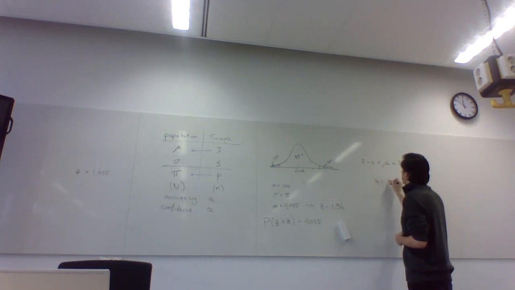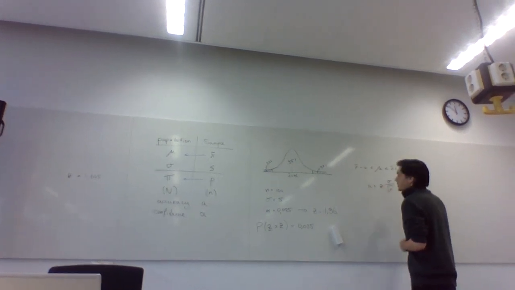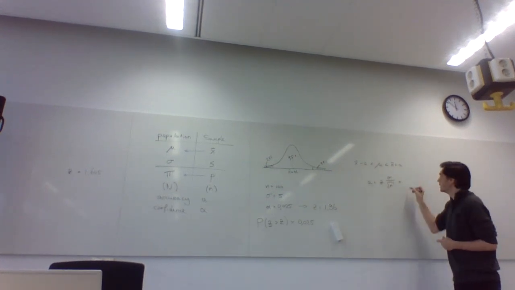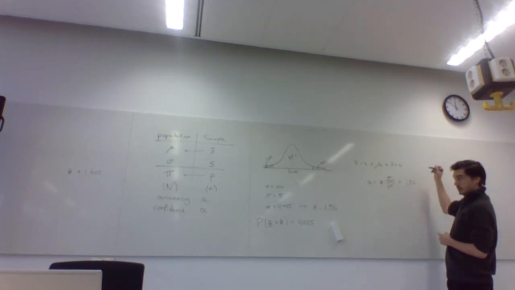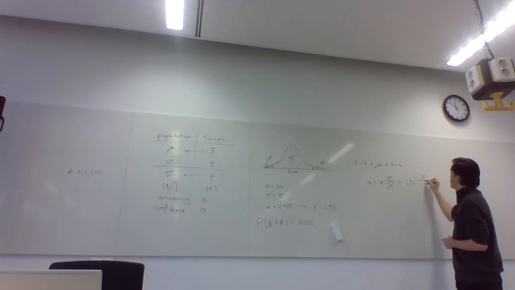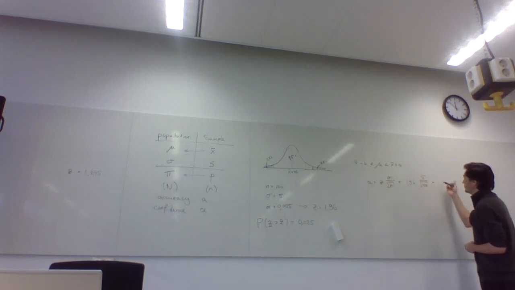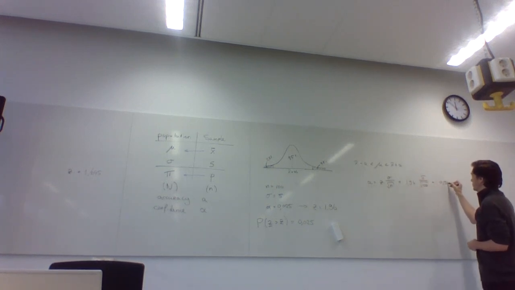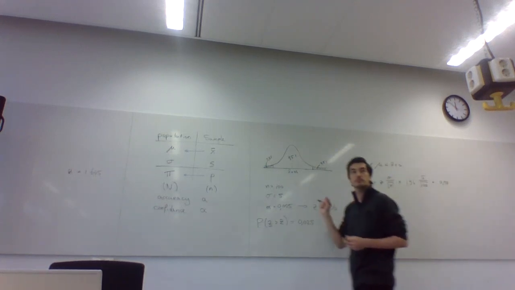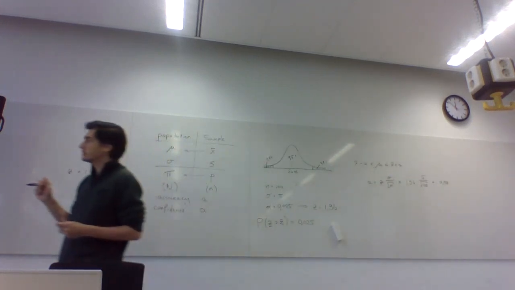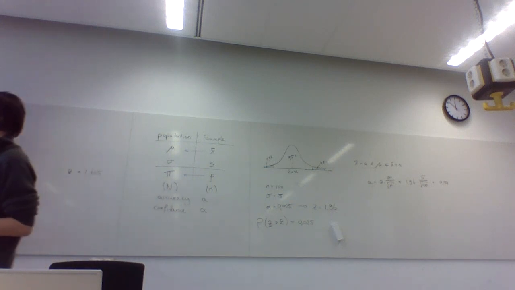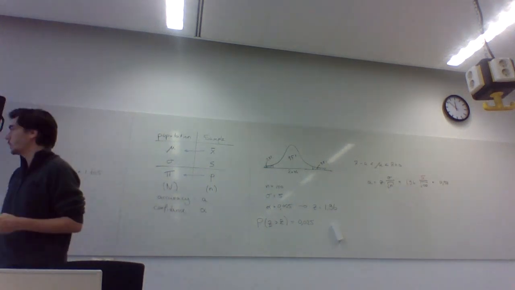A is given by z times sigma over square root of n, which in our case is 1.96, sigma was 5, n is 100, so this is something like this.